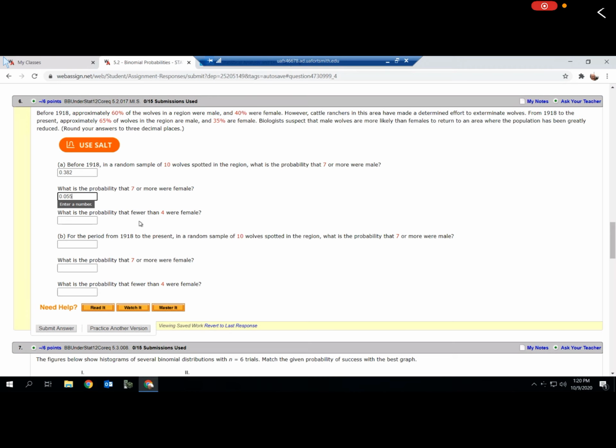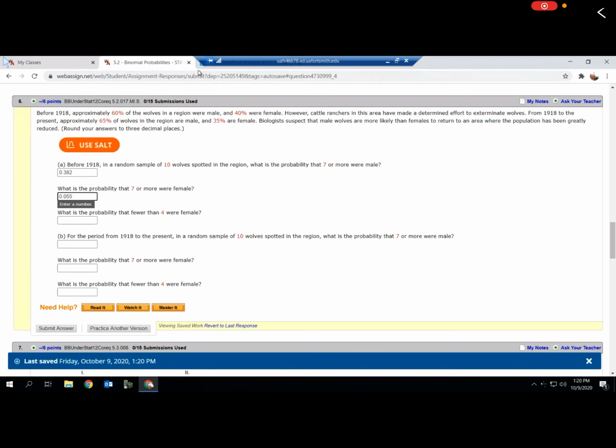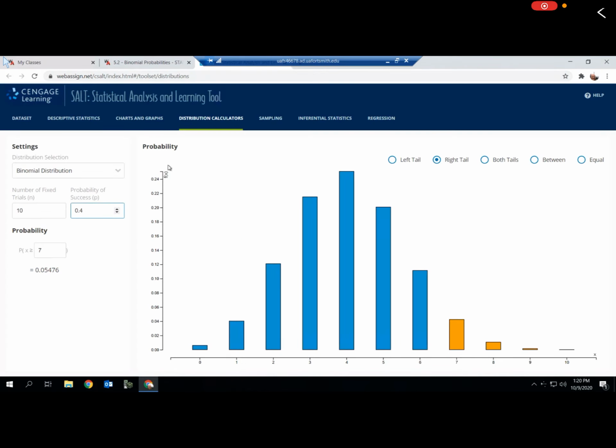What is the probability that fewer than 4 were female? Fewer than 4. Female, we don't change our probability. Fewer means we need to go left tail. And if it's fewer than 4, I would assume that's 0 to 3.